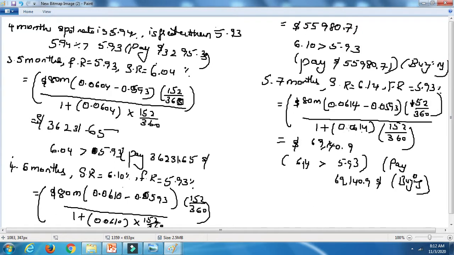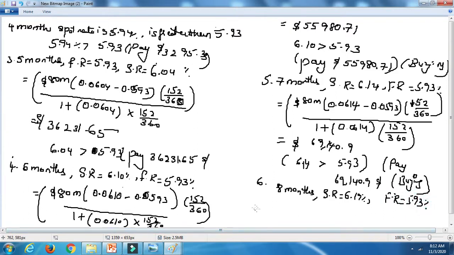The next one is the last one, the sixth one. How much is it? 8 months. The spot rate is 6.19%, forward rate is 5.93.